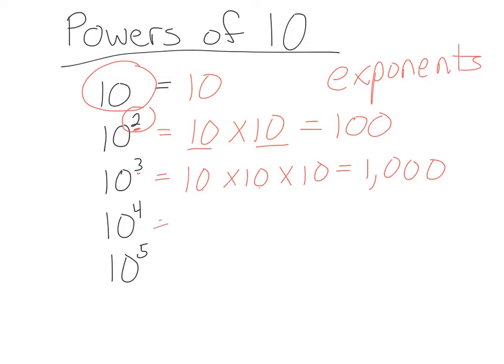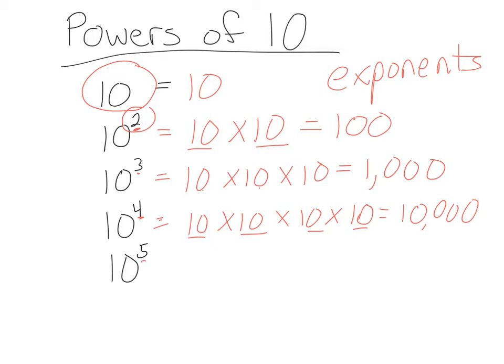And next we have 10 to the fourth power, so we need 4 10s. 10 times 10 times 10 times 10. And there we have 1, 2, 3, 4 10s, and the answer to that is 10,000.